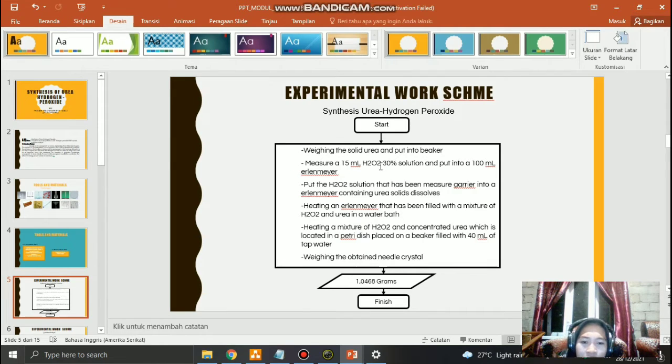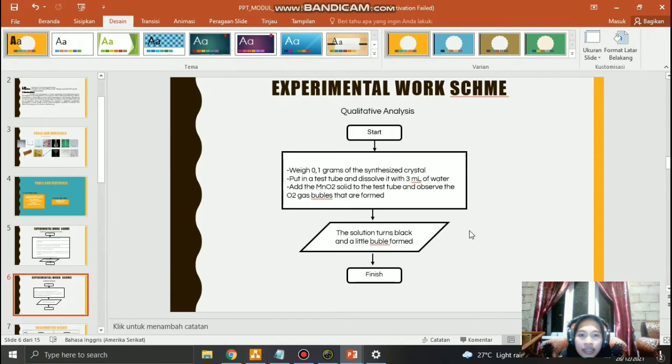Next, weigh the obtained needle crystal product: 1.0468 grams. Okay, next, qualitative analysis.